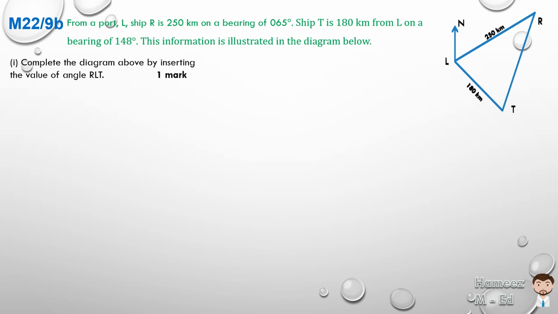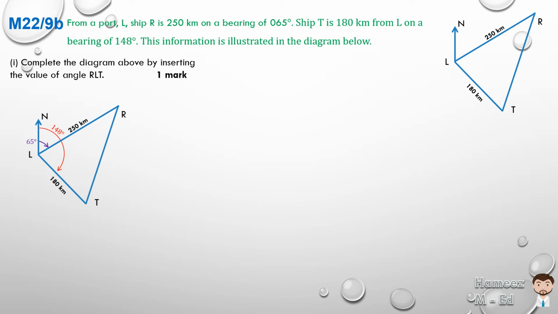So RLT is that triangle, so let's extract it. And what do we know? We know the entire bearing is 148 degrees if we're facing north and we're turning until we're facing T. So we have that in red. And we know 65 degrees is the bearing from L to R. So we have that in purple.